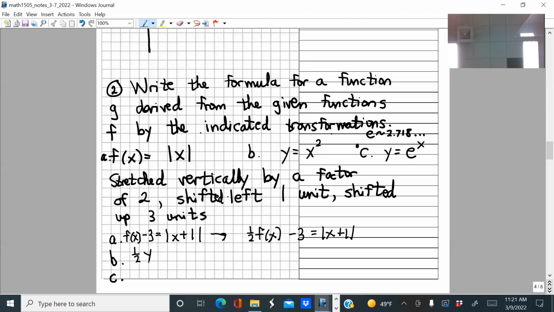Okay. And then what? How do we shift it? -3, right? And then how do we shift it left? You add 1 to x, right? Be sure now when you add 1 to x, you do that before you square it. All right, so do that before you square that.